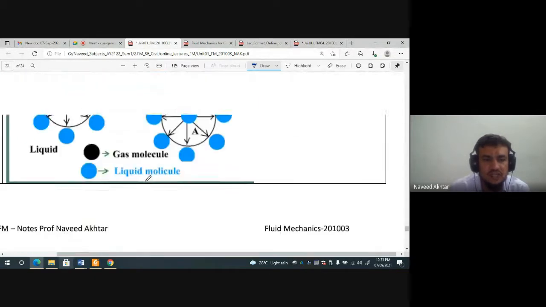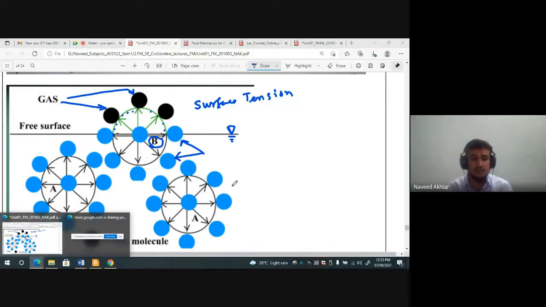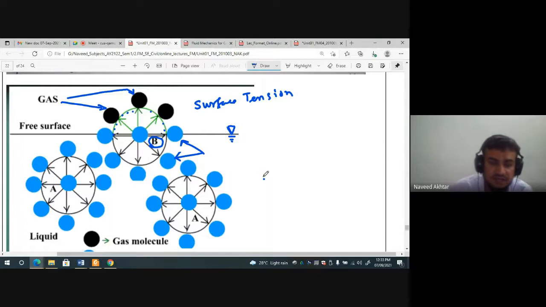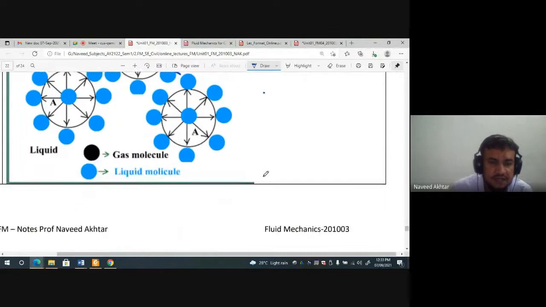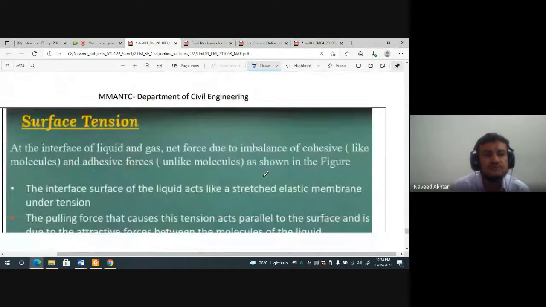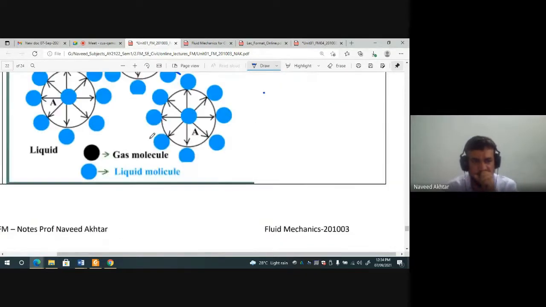Okay, so this is due to the property of adhesion and cohesion, the intermolecular attraction in the liquid. The same thing is here at the interface of liquid and gas. Net force due to imbalance of cohesive forces between like molecules and adhesive forces between unlike molecules, any gas or liquid, as seen in this figure.